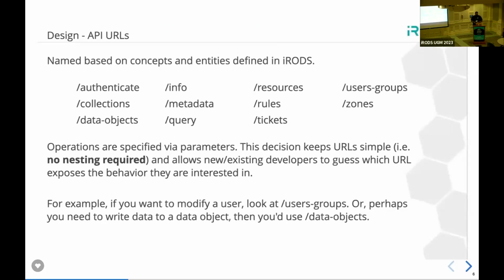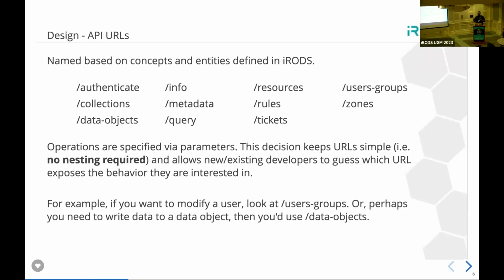So the first thing we're going to talk about is the API URL. All of these endpoints are based on concepts and entities defined in the iRODS ecosystem. For example, /collections, data objects, metadata, these are all things people are familiar with.